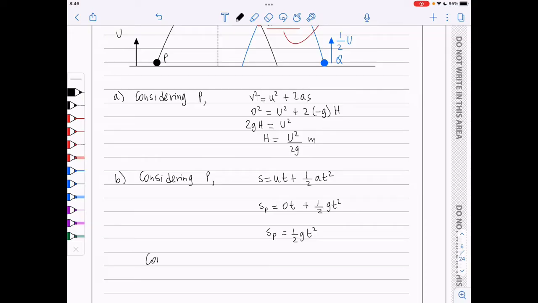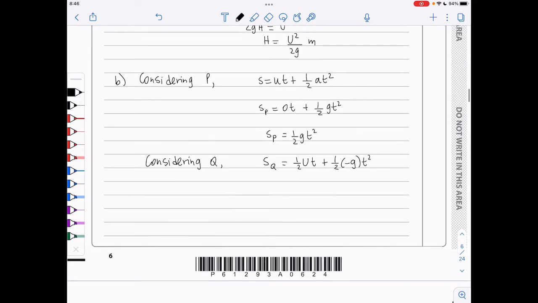Similarly, if I was to consider Q, we've got that the displacement of Q from its original launching point is a half ut plus a half minus g t squared.